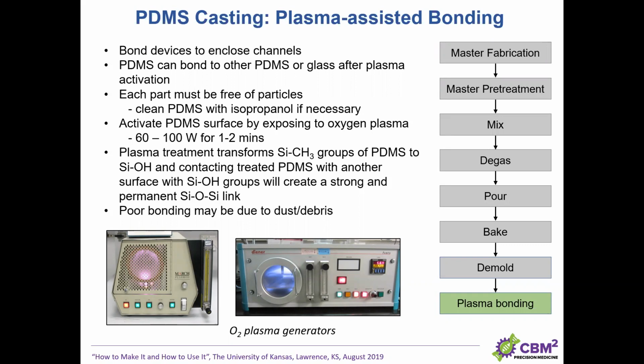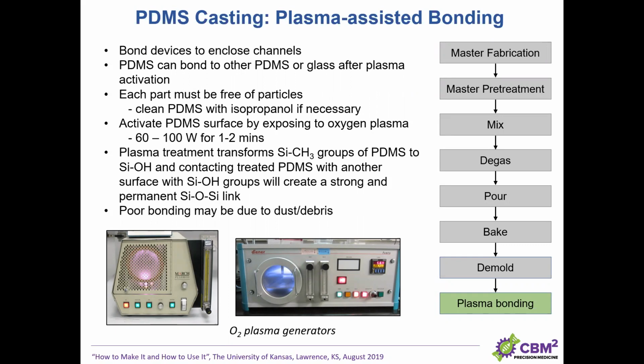What happens there is that SiCH3 groups are converted to silanol groups, and those groups are really reactive in the presence of other silanol groups. So if you put two activated parts together, they basically bond instantaneously. The whole bonding process can be done literally in 3 minutes, where 1 to 2 minutes is exposure to plasma and the other is to put it in conformal contact and press together.